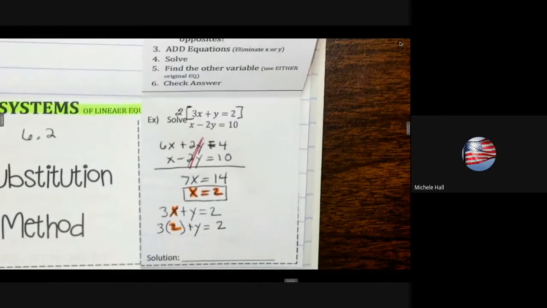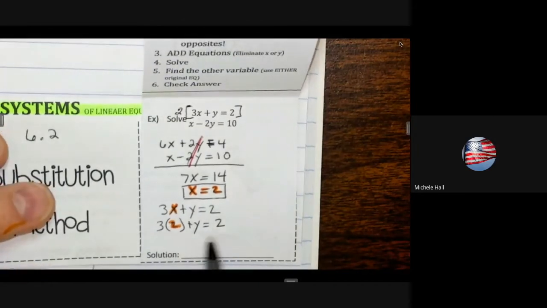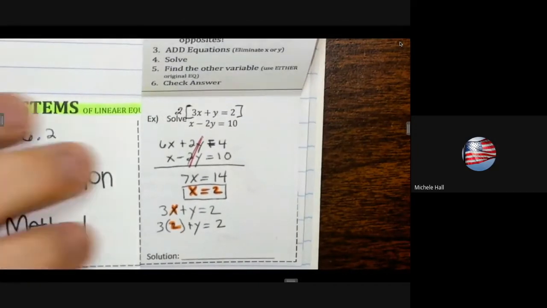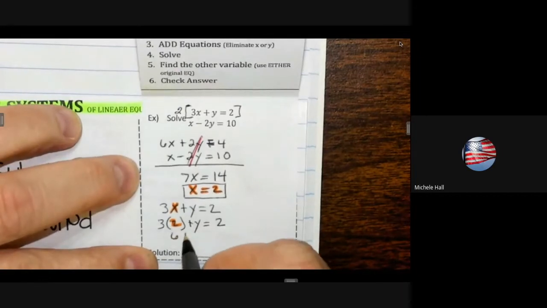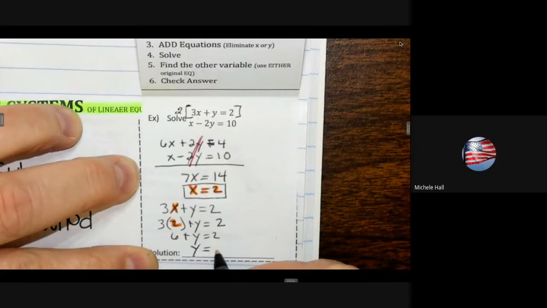We found that x equals 2, and we're substituting that in for the x value. Now I have an equation that has just y, and I can solve for y. We have 6 plus y equals 2, and we get that y equals negative 4. Subtracting 6.